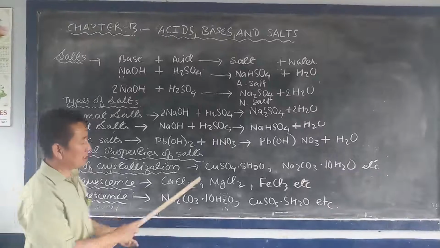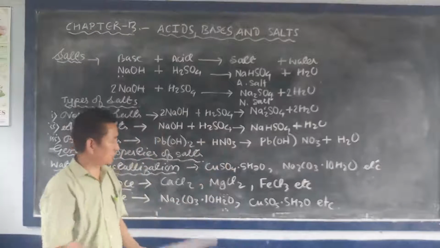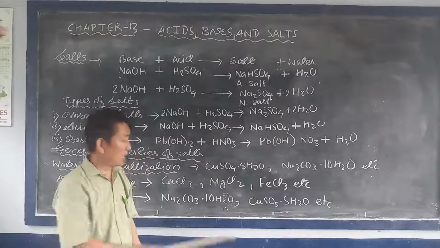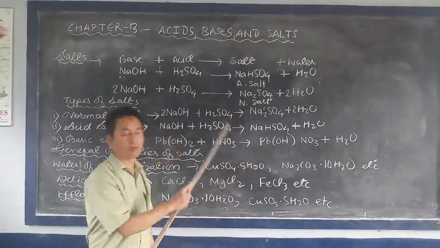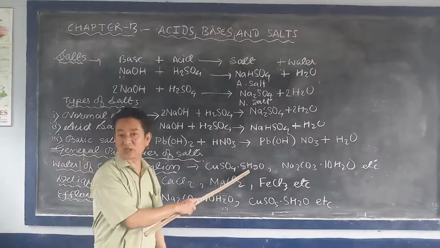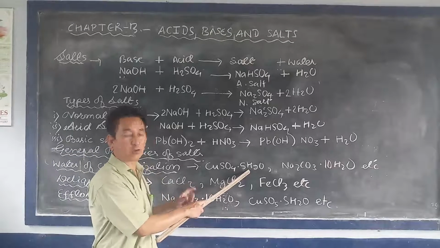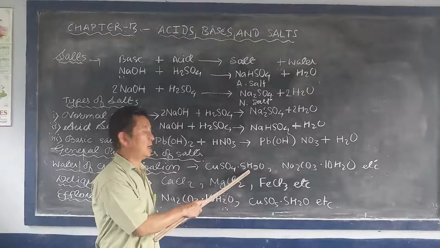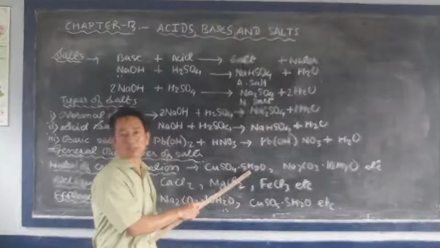As you can see here, copper sulfate, CuSO4, has 5 molecules of water. This is 5 molecules of water. This is water of crystallization. This water of crystallization is responsible for the definite color of this copper sulfate and the definite shape of this copper sulfate.